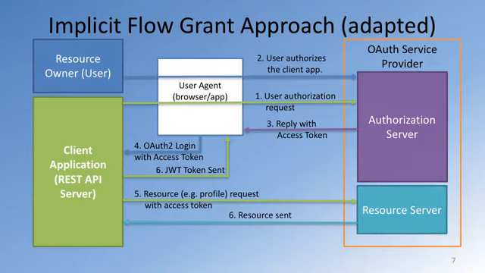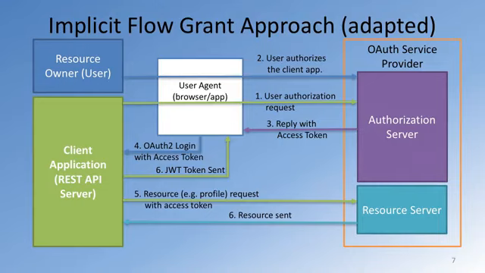So when you want to access information on the client side, you will first have to authorize this client application to be able to obtain access to your profile information. If the client application is acting as a web app, it will provide an appropriate button saying login using Facebook. When you click on that button, essentially the first step is initiated. The user authorization request is initiated.